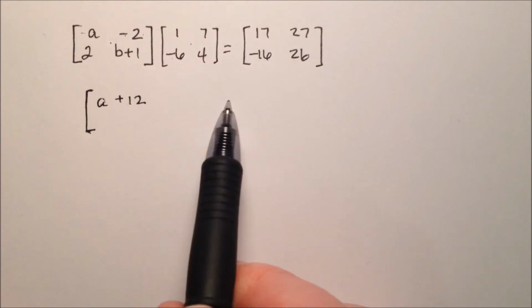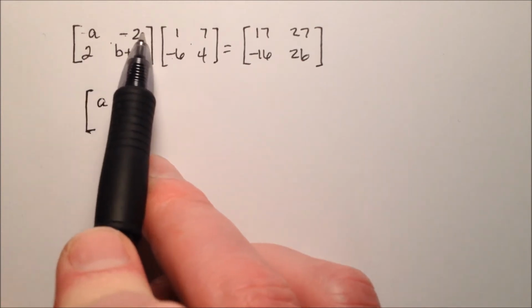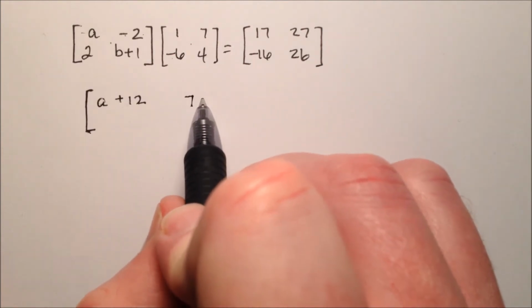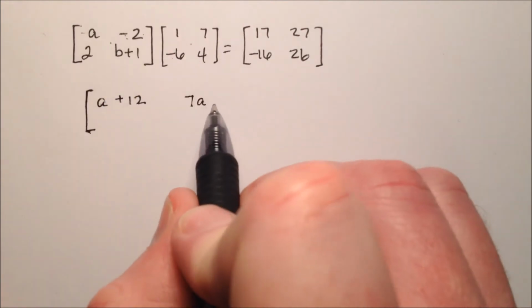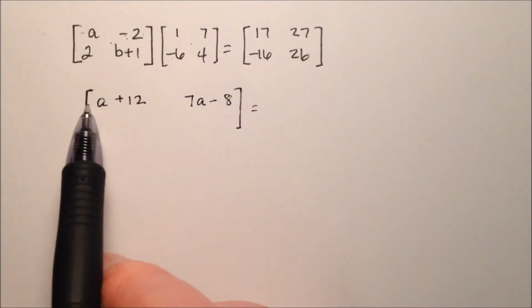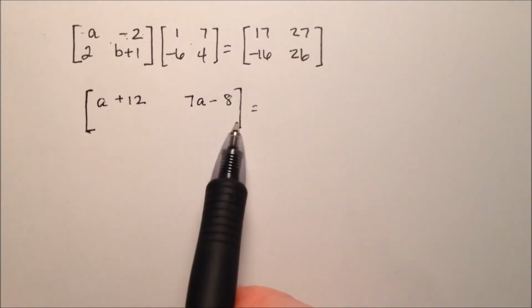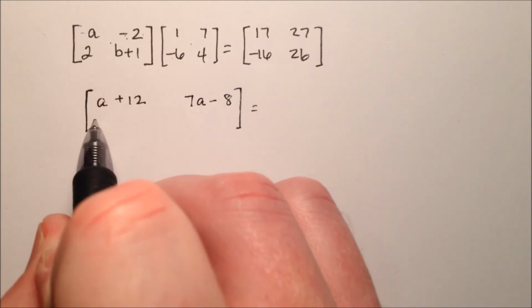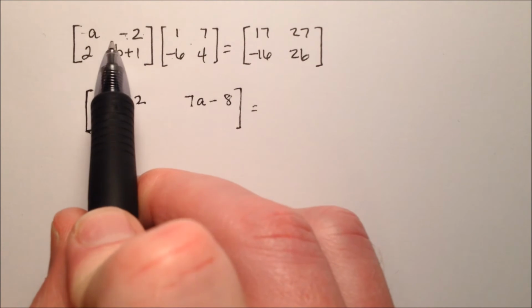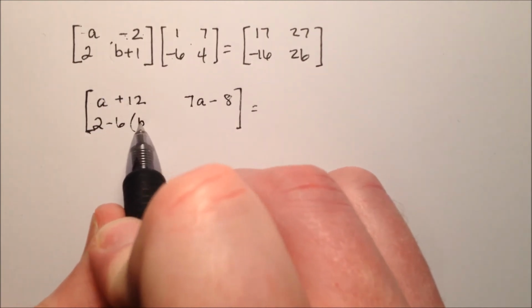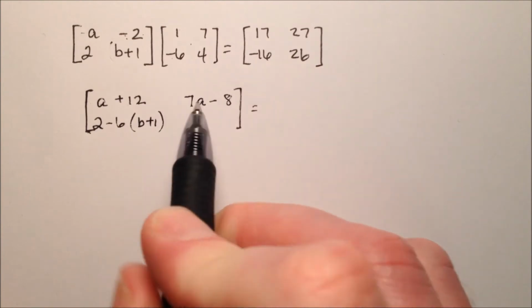So let's go to row 1, column 2. It will be across this row and down this column. So 7a, and then negative 2 and 4 makes minus 8. So that's the first row. Let's move down to the second row. Row 2, column 1 will be 2, and then we have this little binomial here, so it'll be minus 6 times the quantity b plus 1.